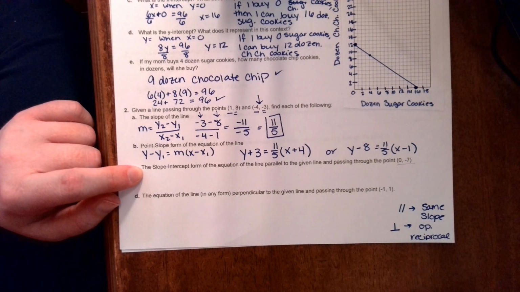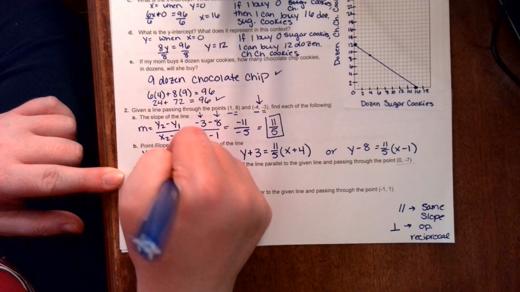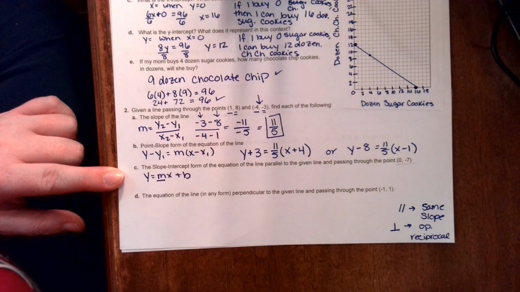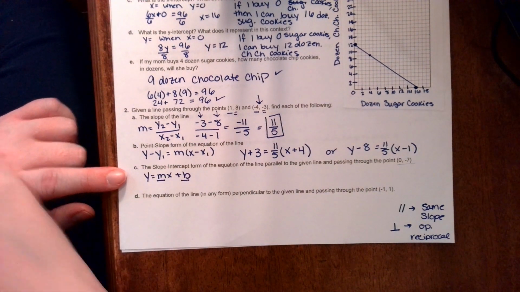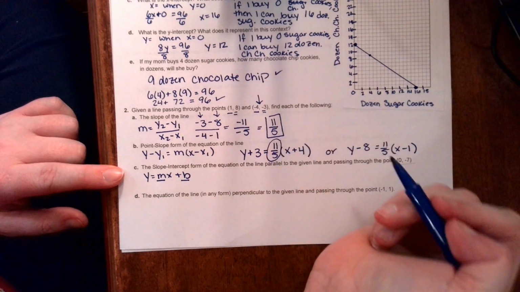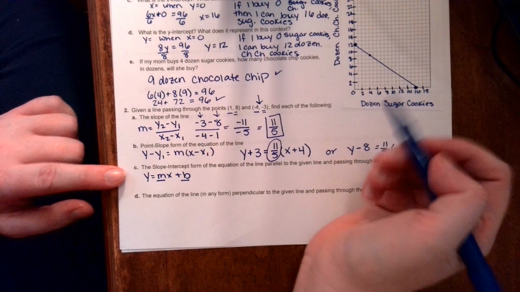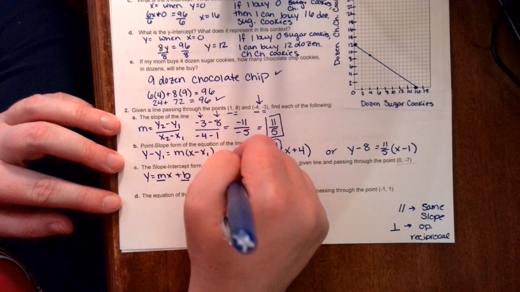So slope-intercept form, if you remember, is y equals mx plus b, where m is the slope and b is the y-intercept. So parallel line has the same slope. So we're going to just take the slope from this line. So we have y equals 11/5 x.